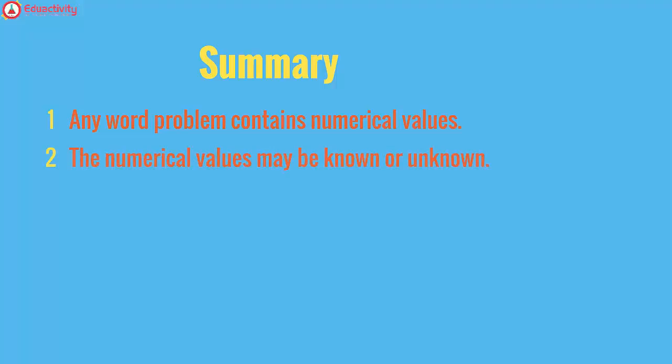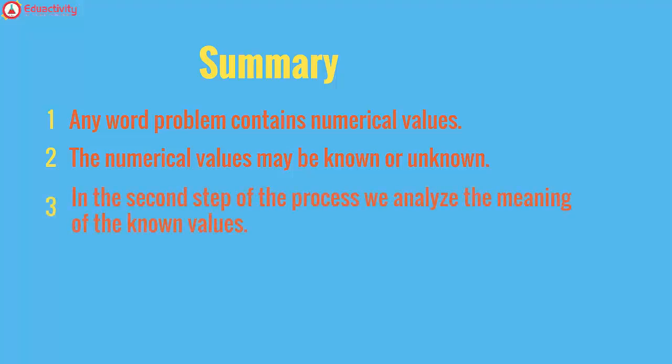In this lesson, we learned how to step forward from the big picture to analyze the given details and the requirements in a problem. The key points to remember are: all word problems contain numerical values. A numerical value may be known or unknown.